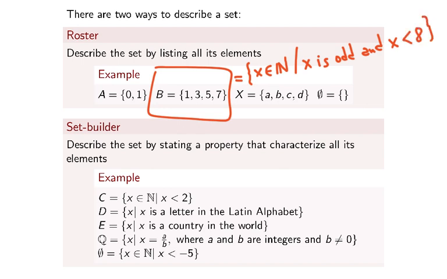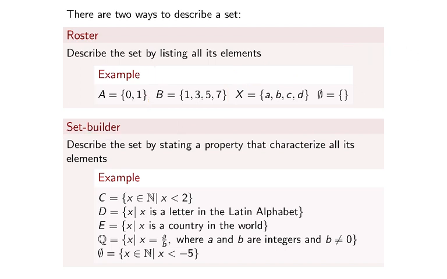So think for a moment about this description. The natural numbers that are odd and less than 8 are exactly only the numbers 1, 3, 5, and 7. So we find a way to describe the same set without actually naming the elements. That's what the set builder notation does.